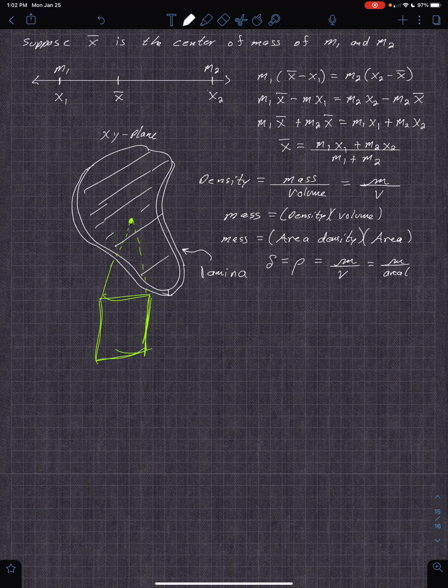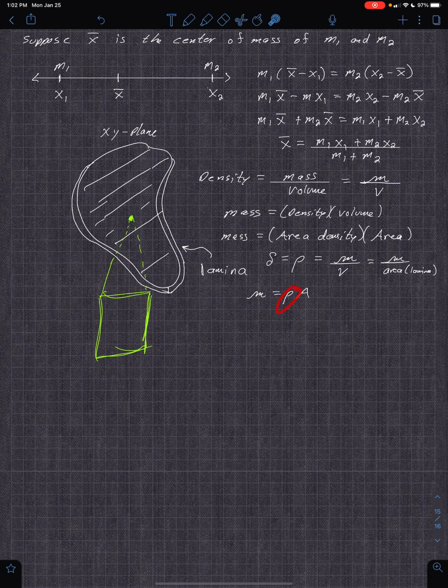It's a lamina, so it has volume, but all we care about is the area of it. So we'll consider mass to be rho times A. This constant rho is area density in this section.